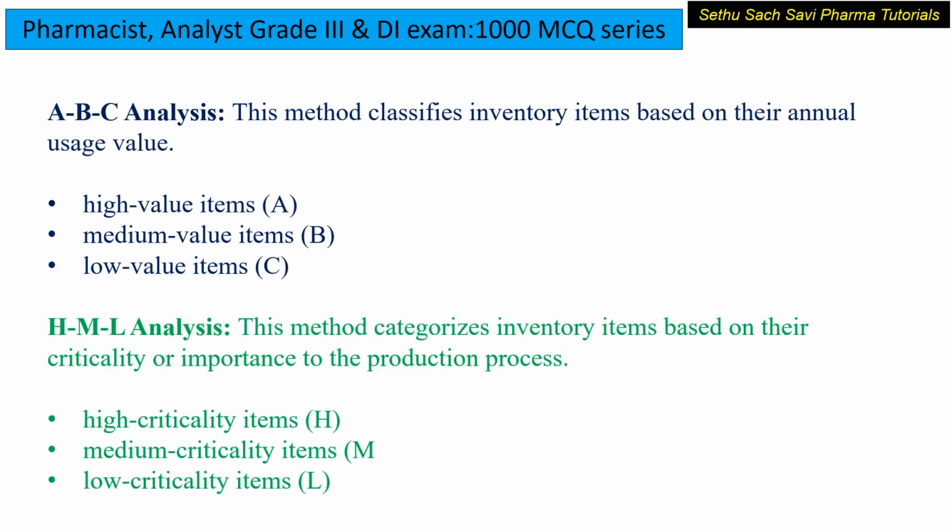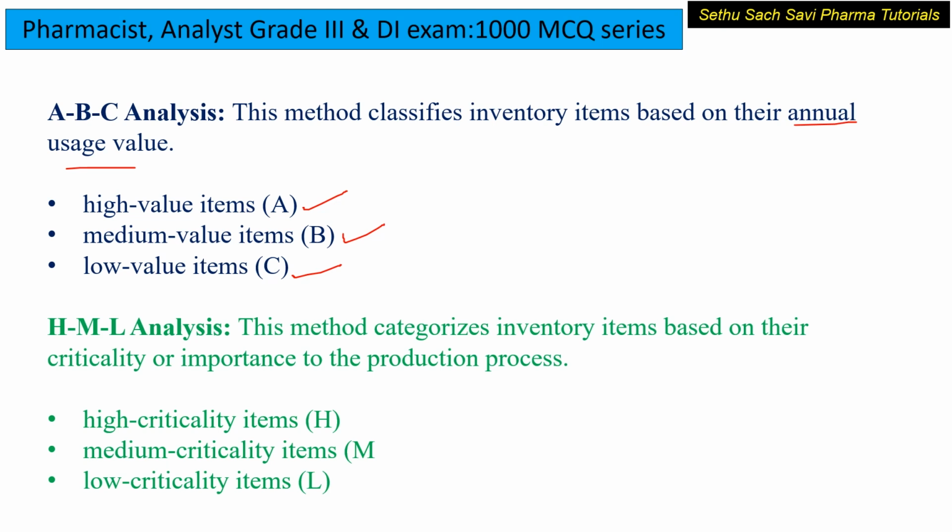In ABC analysis and HML analysis, what we are doing in ABC is dividing the inventory based upon the annual usage value. A means high value items, B means medium value items, C means low value items.